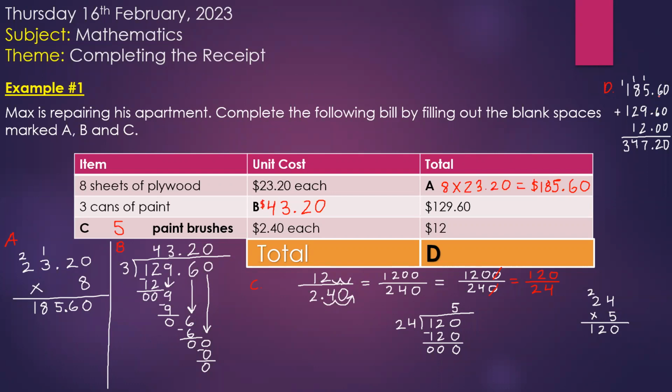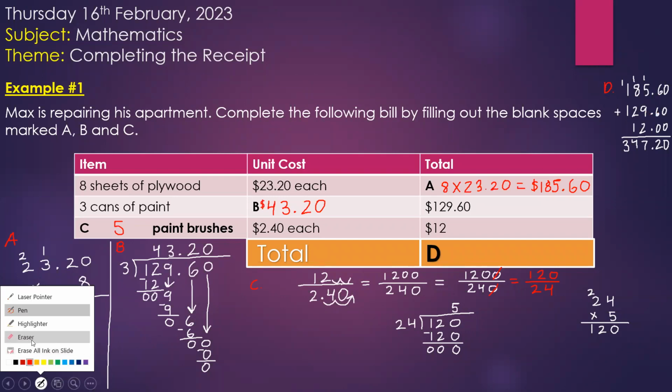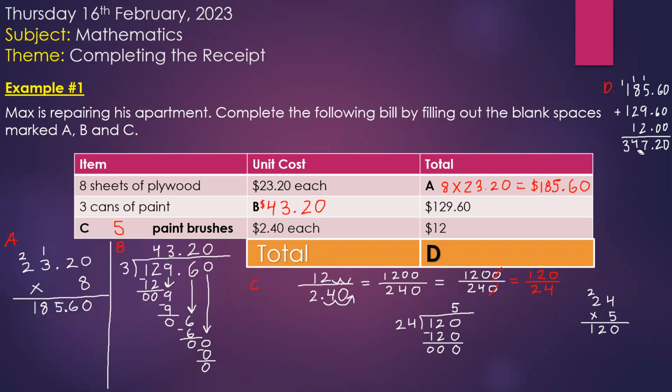Mr. Petit, you are wrong. Let me check again. 7, 8, 9, 10, 11, 12. 12, plus 1 is 9, plus 2. Yeah, it was 327. Yes, that's correct. I tried to figure out what was going on.